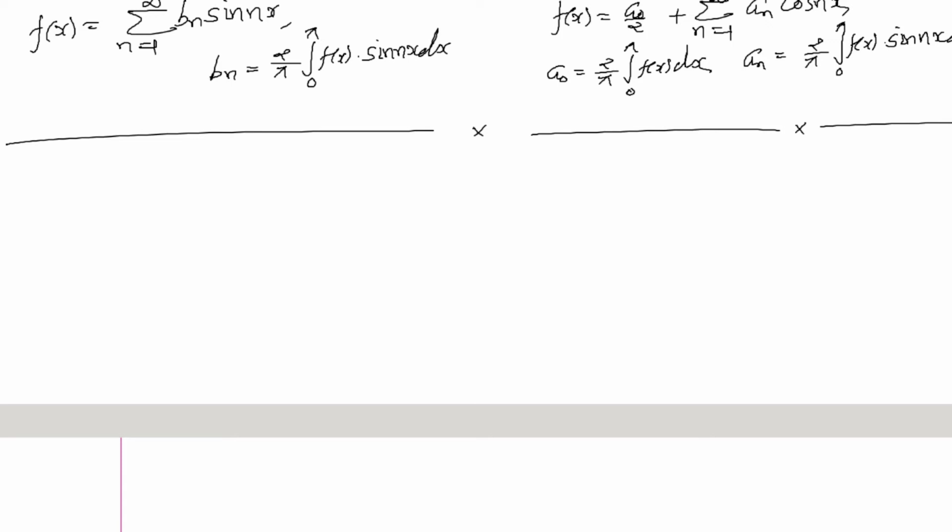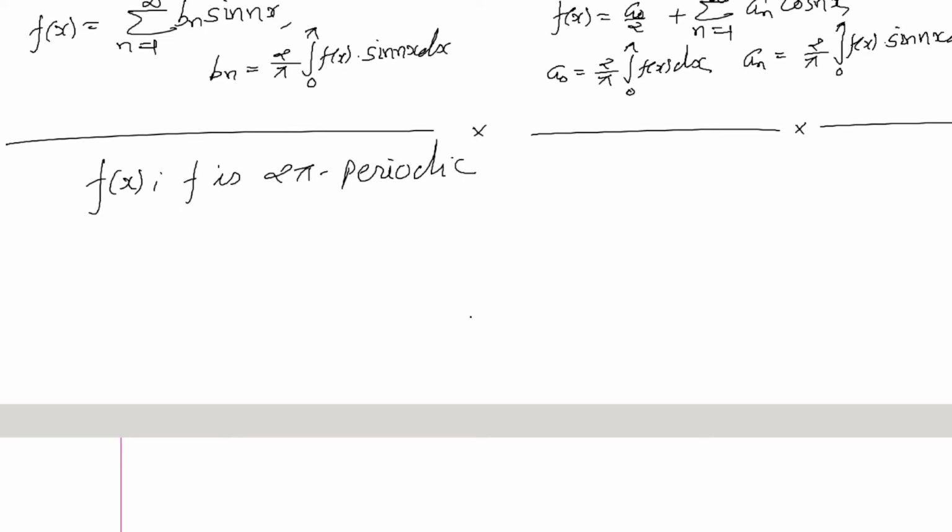Now the question arises, we have discussed only these kind of functions, f of x, where f is 2 pi periodic.